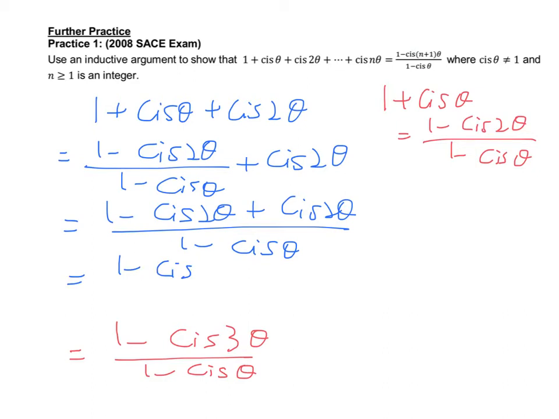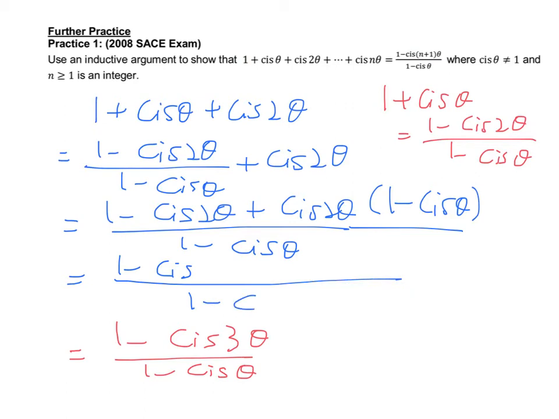Well, okay, I think I made a mistake here, and it should be 1 minus sec theta, and the outcome of this will be 1 minus sec theta as the denominator. This is still sec 2 theta.